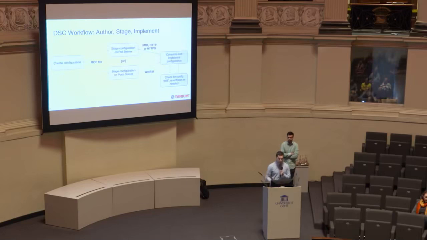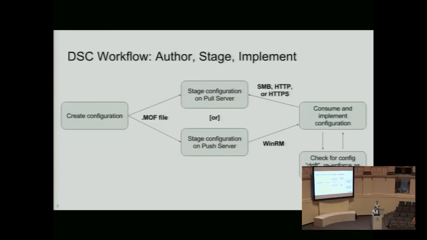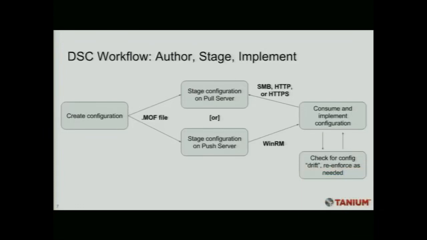Pull is the exact opposite of that. You host the configuration on essentially an IIS web server, and then the client system that you want configured retrieves it via web protocol, so HTTP or HTTPS. You can also stage it on a file share, and SMB can be used to retrieve it. As we'll allude to later, we actually chose pull server via HTTP as our mechanism because it's a lot like a real C2 server.